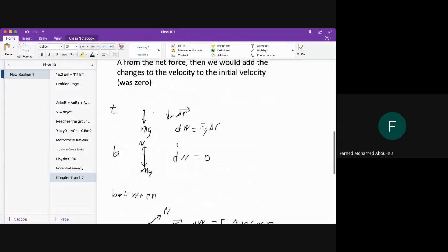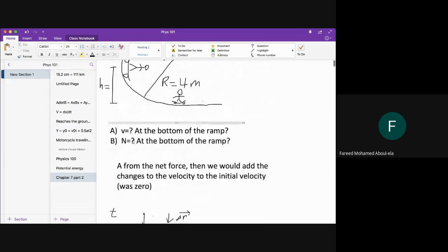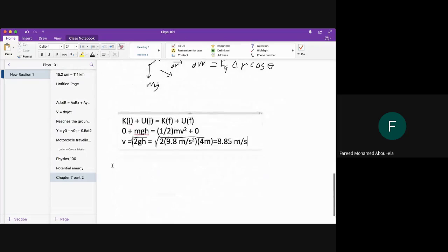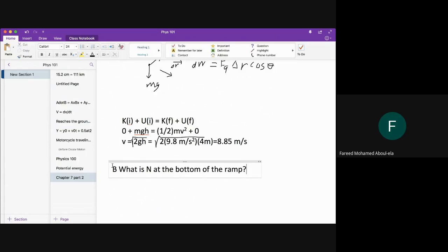What about part B? What is the normal force at the bottom of the ramp? Okay, how will we solve this? Now we can use Newton's second law. So we take our free body diagram.